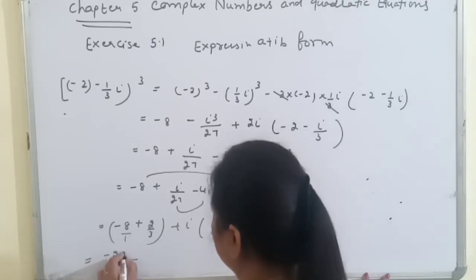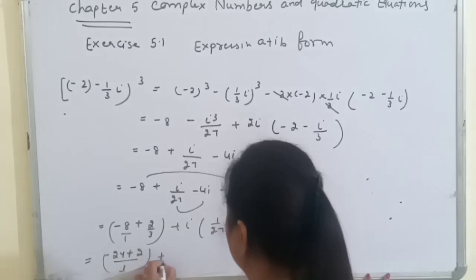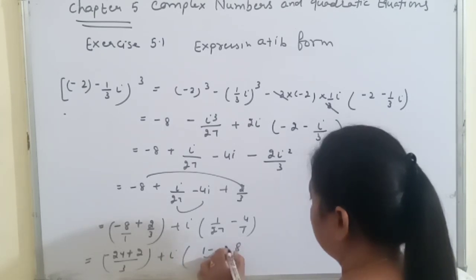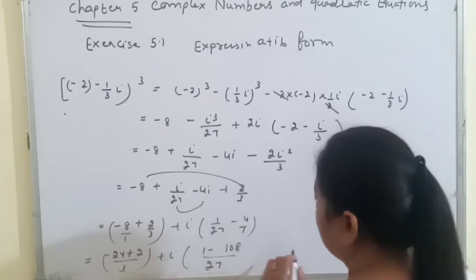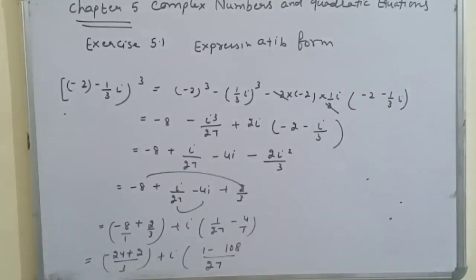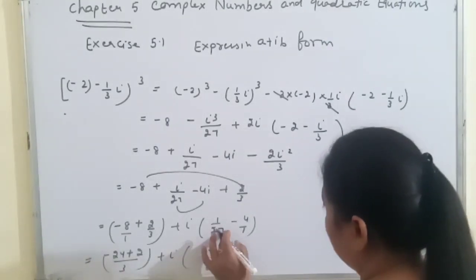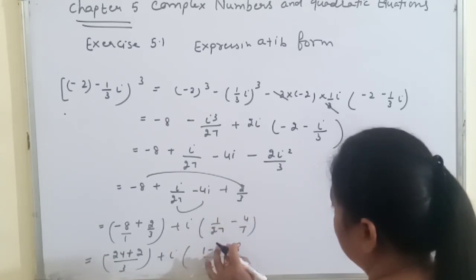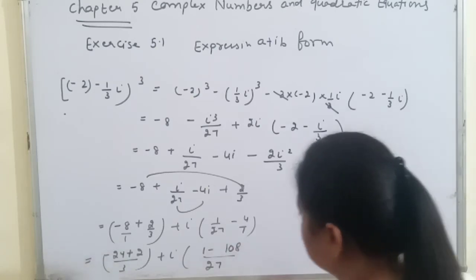This is minus 24 plus 2, plus iota, 27. 4 twos are 8, 8 and 2 is 10, 108.